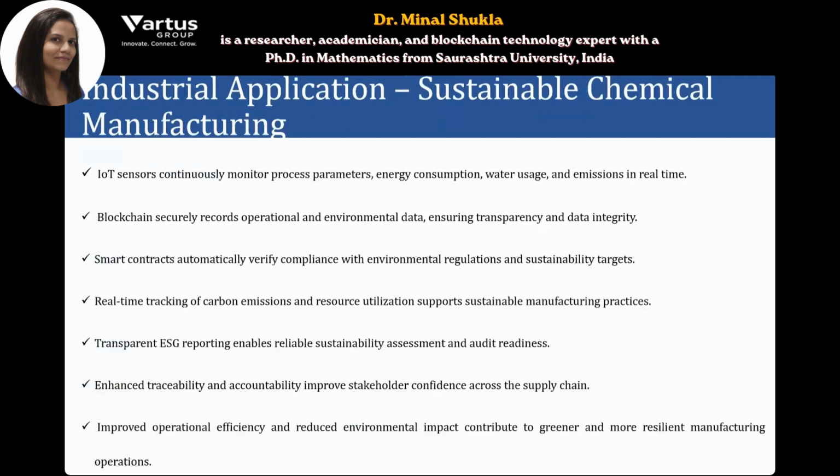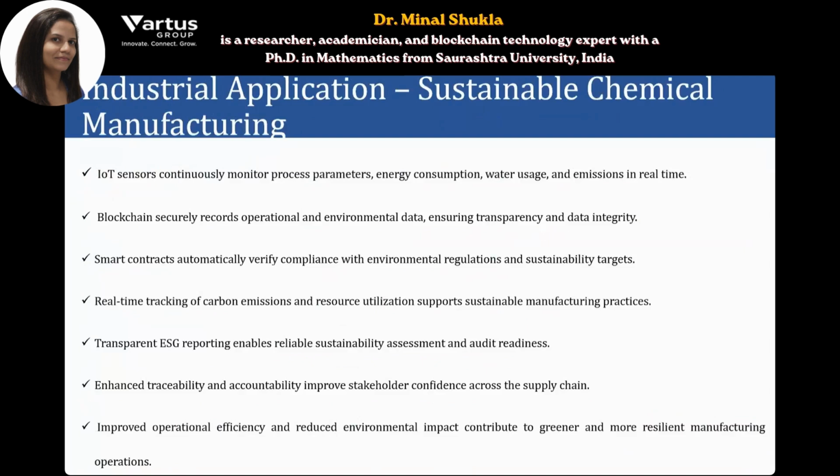So what are the industrial applications in sustainable chemical manufacturing? If your industry is connected with IoT, the sensors continuously monitor process parameters, energy consumption, water usage, and emissions in real time. Blockchain securely records operational and environmental data, ensuring transparency and data integrity.